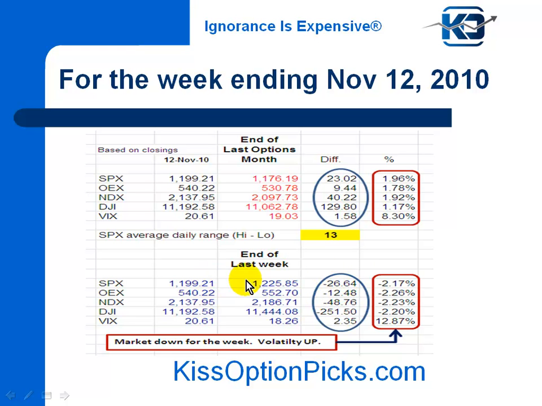Also you can see the difference in the prices, and the volatility index is up slightly from 18 and a quarter to 20.6. For the month the market is slightly up, and there is a slight difference in the increase in the volatility index.